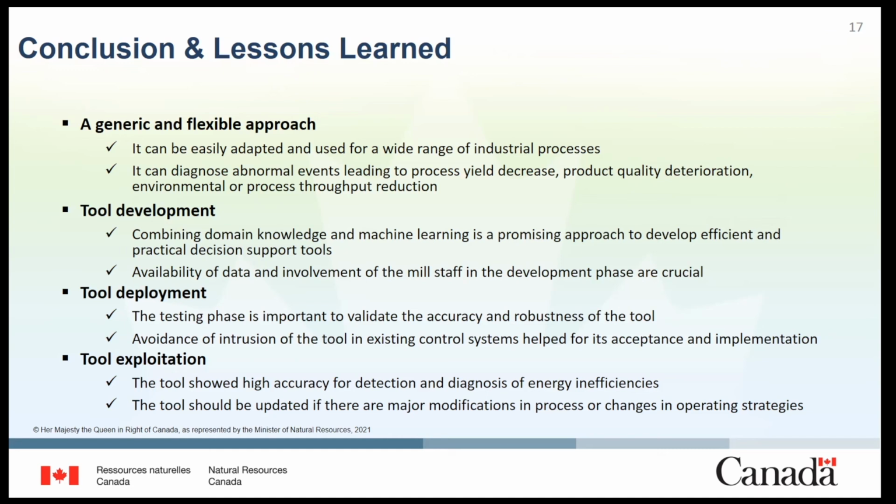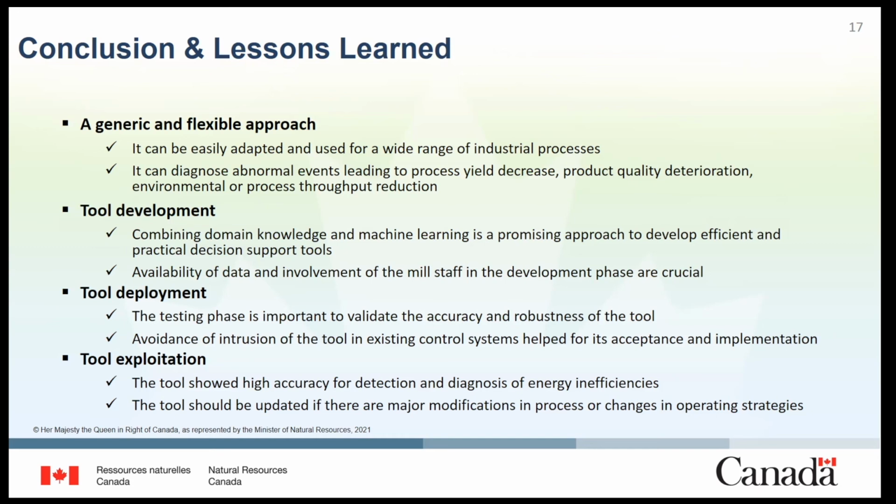For example, to diagnose abnormal events leading to process yield decrease or product quality deterioration, or for any environmental issue. For the development phase, one of the lessons learned is that combining domain knowledge and machine learning is a promising approach. It allows developing a tool that can be implemented, meaning a practical decision support system.